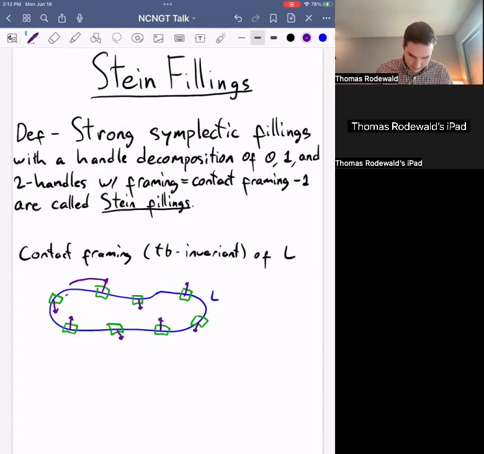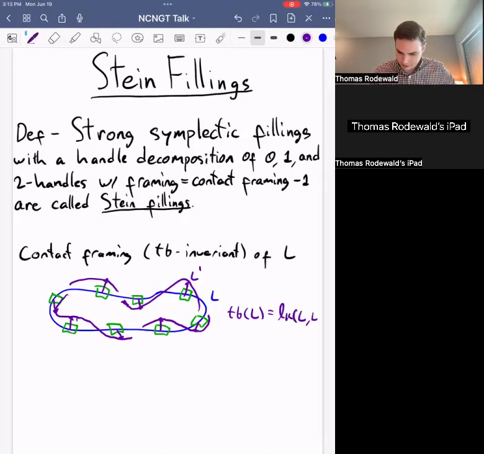So maybe it looks like this. And so that'll be your new knot, called L prime. And then the contact framing, which we can call the TB number of L, will just be the linking number of L with its push off.